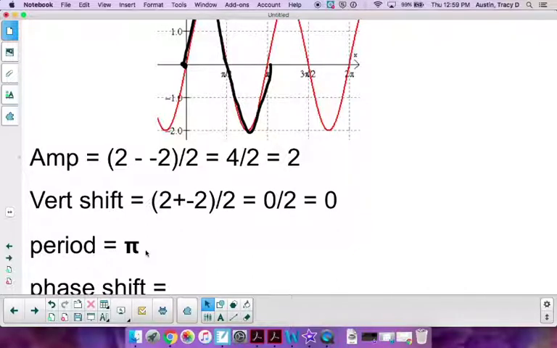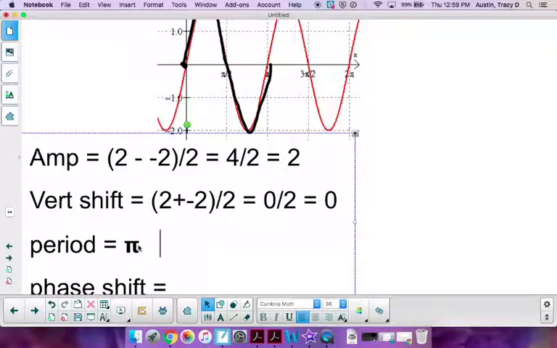That means we actually need to figure out what b is based on that. Okay, so remember, period equals 2 pi divided by b.